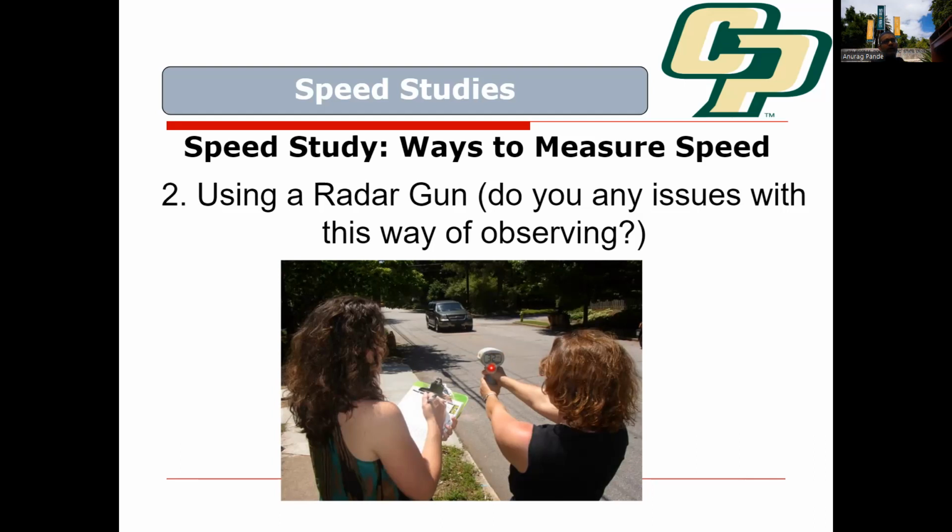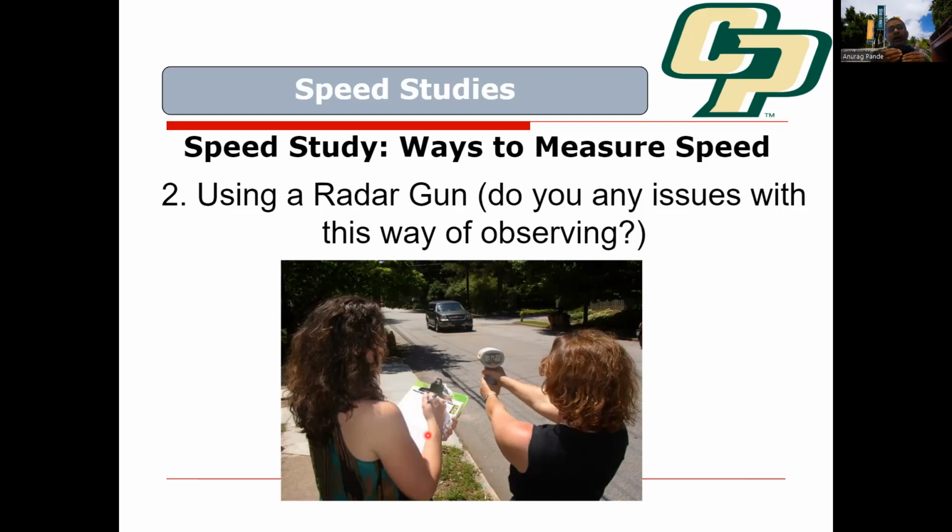Now, the problem with this way of collecting the data is that the driver of the vehicle could easily spot these people collecting the data. These people probably don't look like law enforcement, so maybe that won't have that big of an impact. But if I'm driving and I see somebody pointing something at me and trying to collect data, I instinctively, for the most part, will slow down, right?